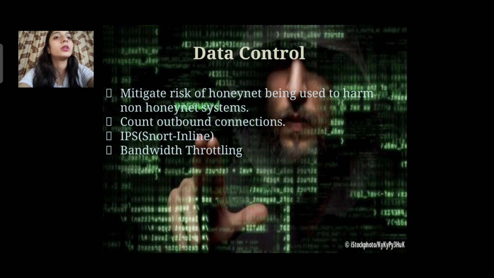First is data control. The main purpose of a honeypot is to protect the data from the attackers. In this, the alternate data, that is the false data, is set up to befool the hacker. In this way, honeypots help to protect the data, and we can control our data. Now, this is the setup for the data control.